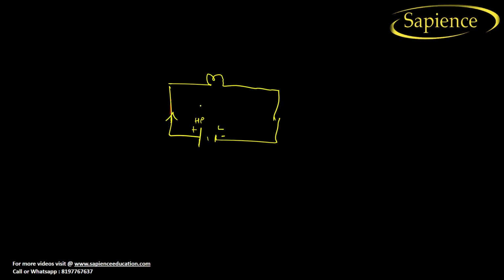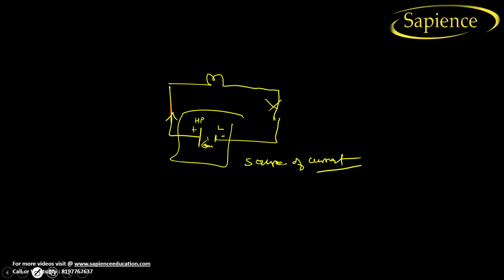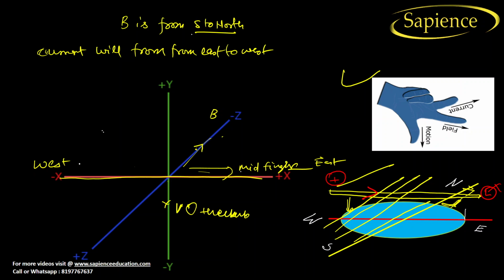Outside, current moves from high potential to low potential, but inside, when it is your source of current, current will flow from low potential to high potential. So low potential to high potential means current is going from west to east.